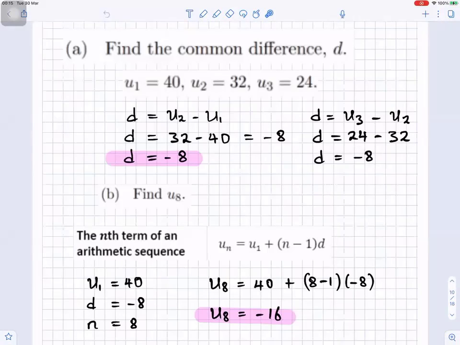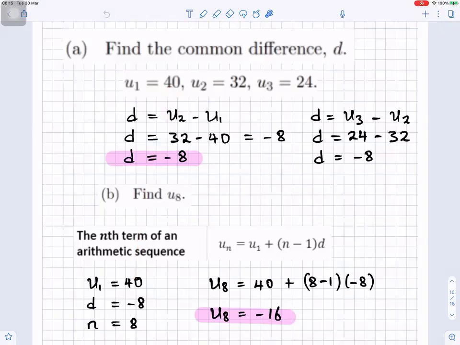Part B, find U8. The nth term of an arithmetic sequence is given by this formula: Un equals U1 plus n minus 1 times d. U1 is 40, given in the question.